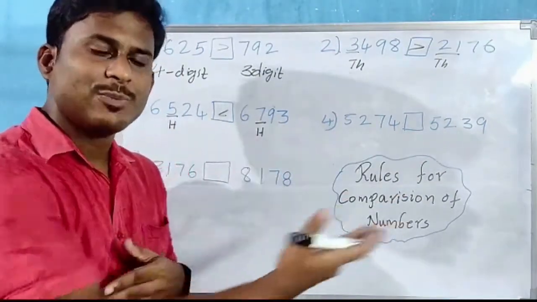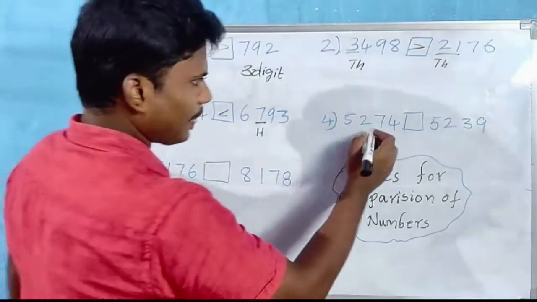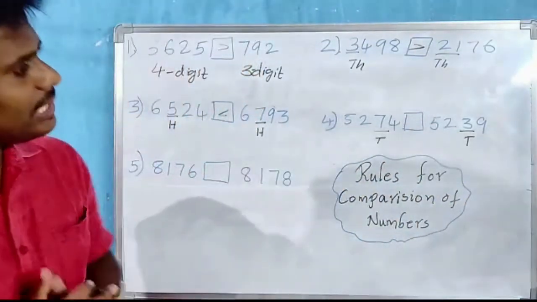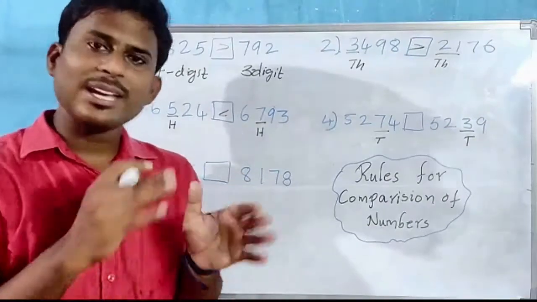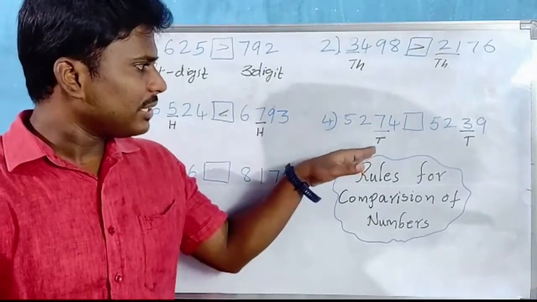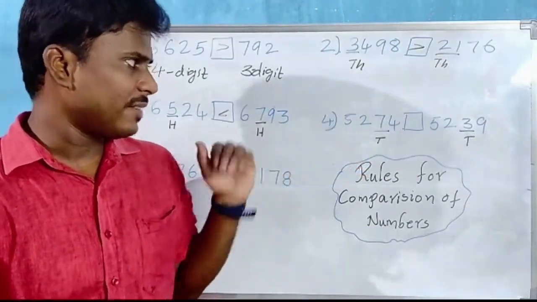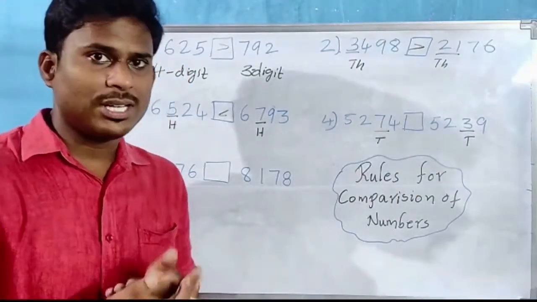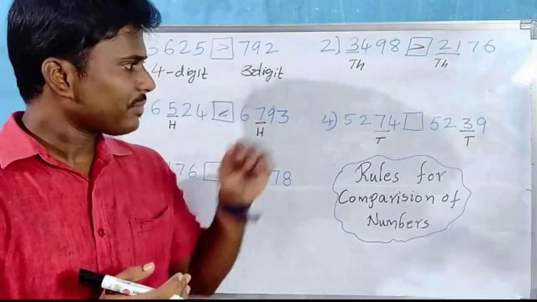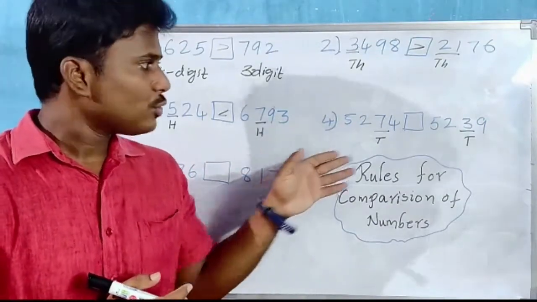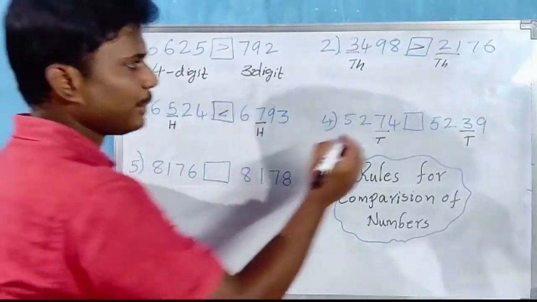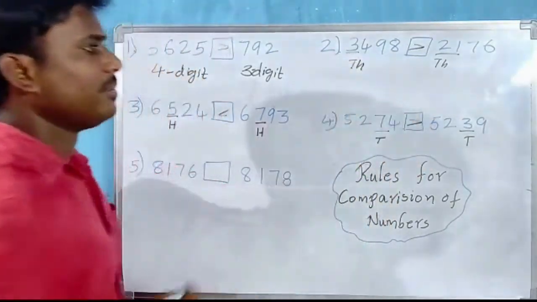Then go for the next place, the tens place. While comparing in the tens place, the digit on the left hand side is 7 and the digit on the right hand side is 3. Which digit is greater? The left hand side is greater. So the total number becomes greater. This number is greater than that number.